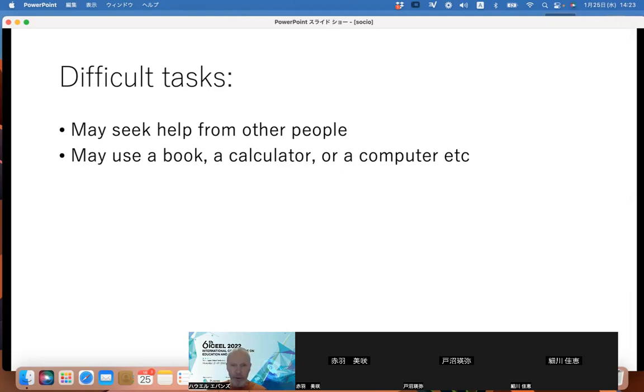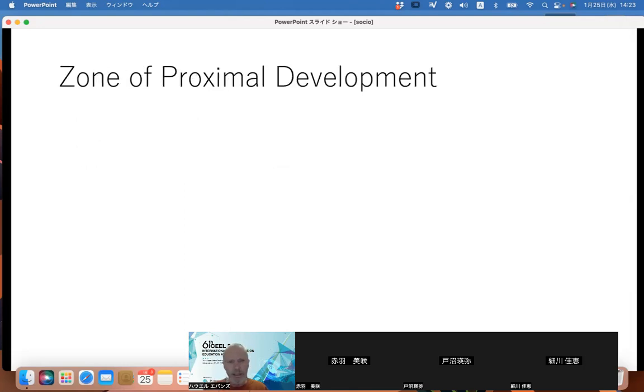You can also go to a book, right? You can read the book. This then structures the way you think, and over time this will lead to improvements. You can use a book, a calculator, or a computer. So you use all of these different cultural tools when dealing with difficult tasks.